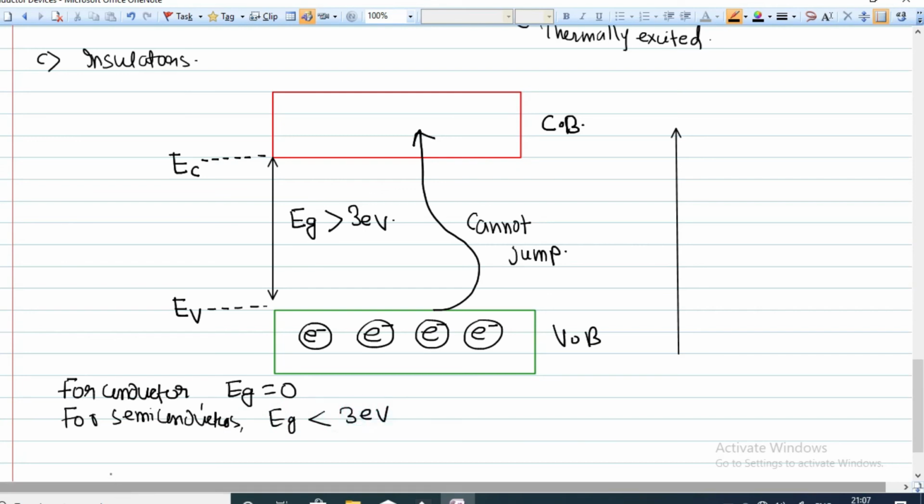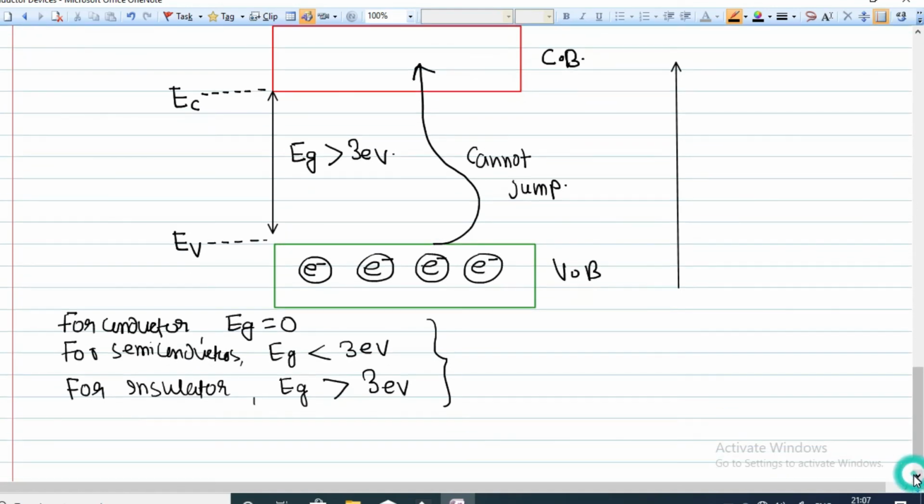So at room temperature a semiconductor does not conduct, but when we supply thermal energy, the electrons get excited, jump from the valence band to the conduction band and can conduct. And for insulators, the energy difference between the conduction band and valence band is high, greater than 3 electron volt. That's why an insulator does not conduct.